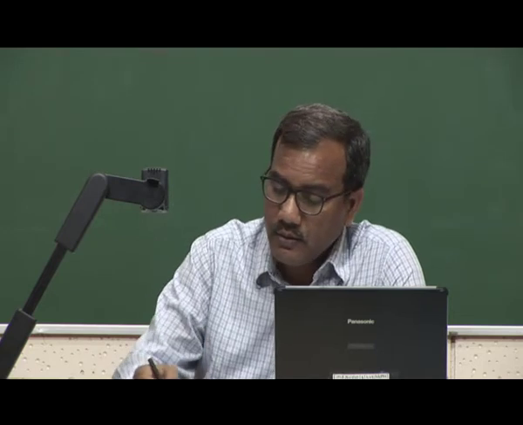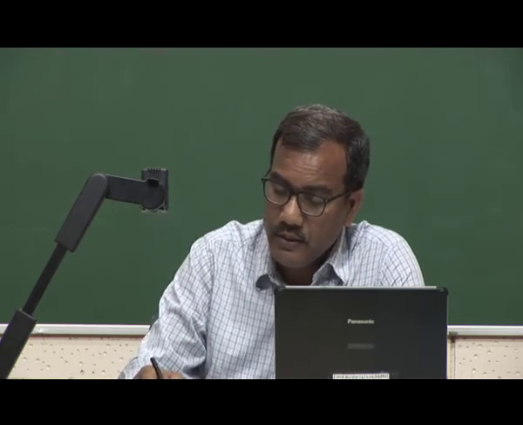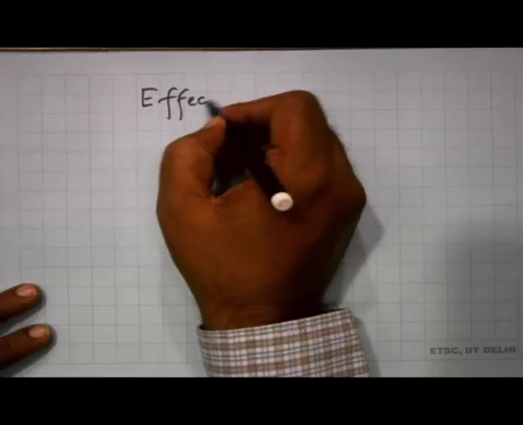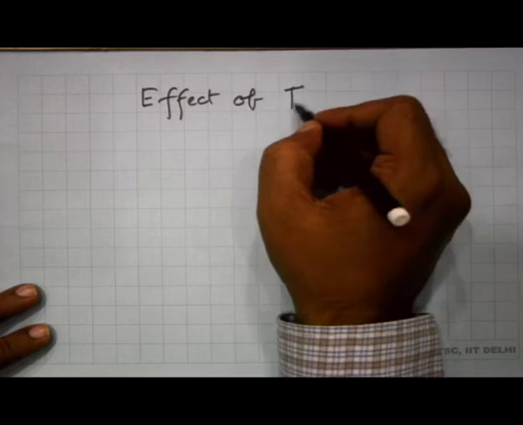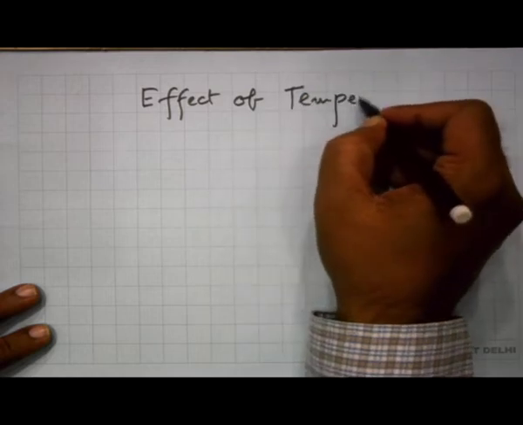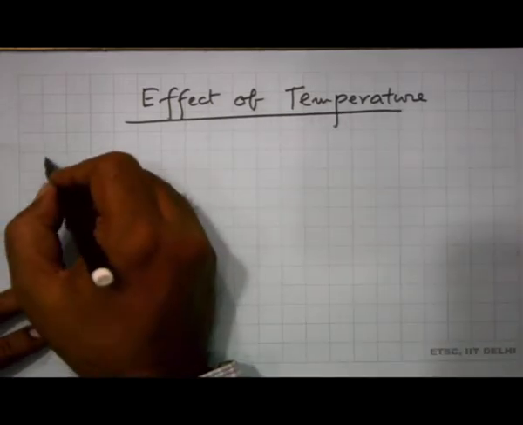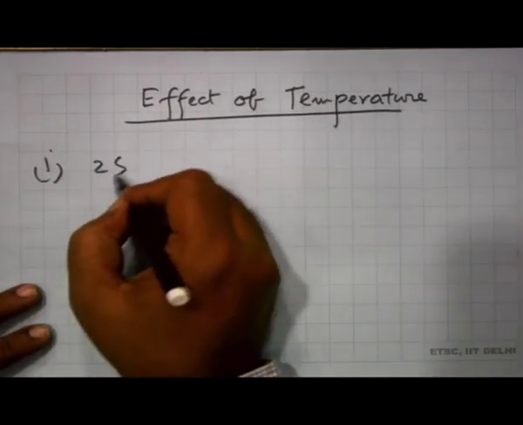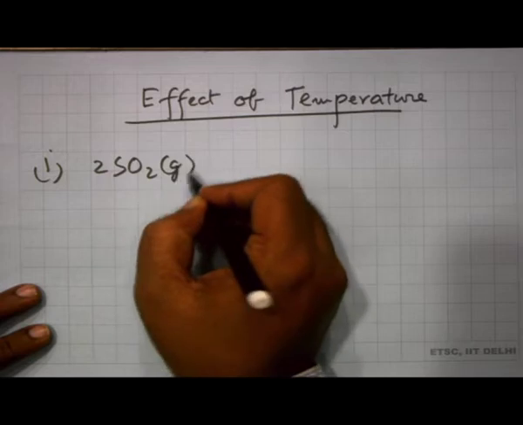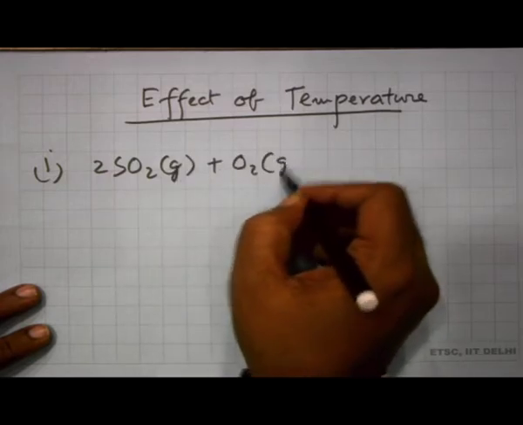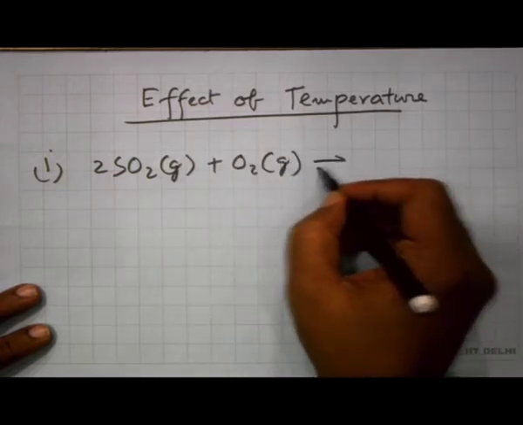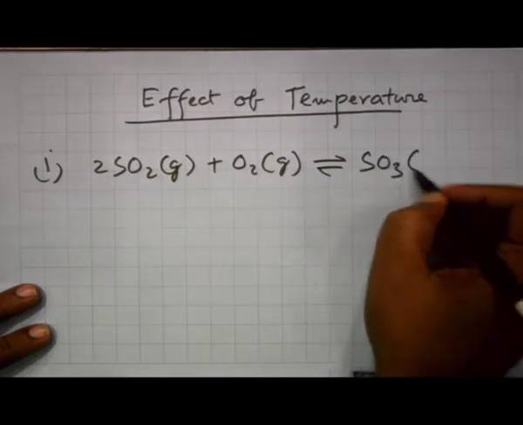Now, let us take some examples and see what happens when we increase the temperature. So, effect of temperature. First reaction is SO2 gas plus O2 gas giving you SO3 gas.